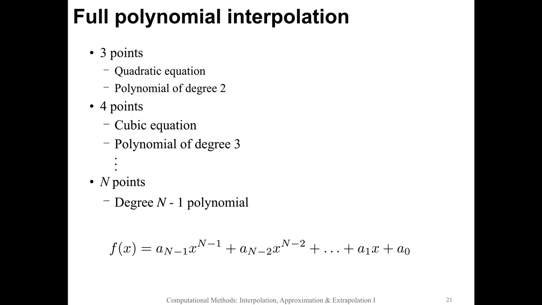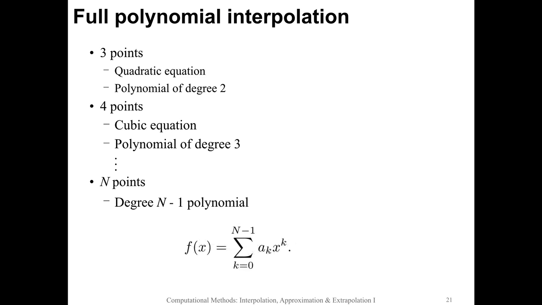And we can write that a bit more simply if we use the sum notation. So we're doing a summation over an index k here, from 0 up to n minus 1, of each coefficient ak multiplied by the power of x, x to the power k.